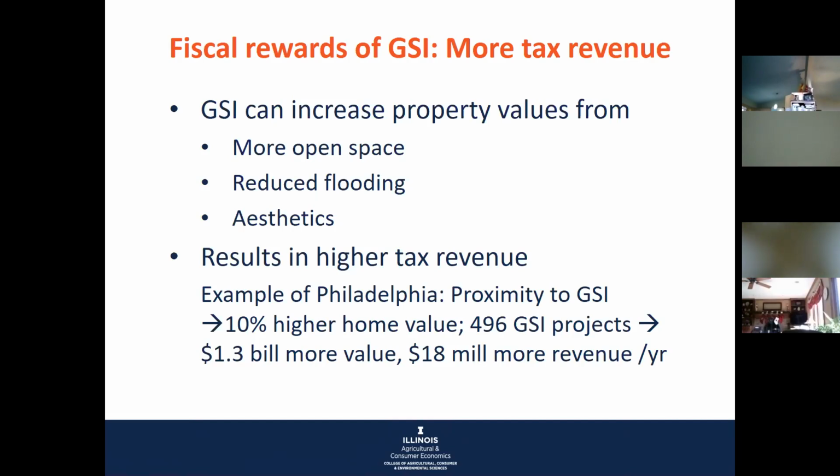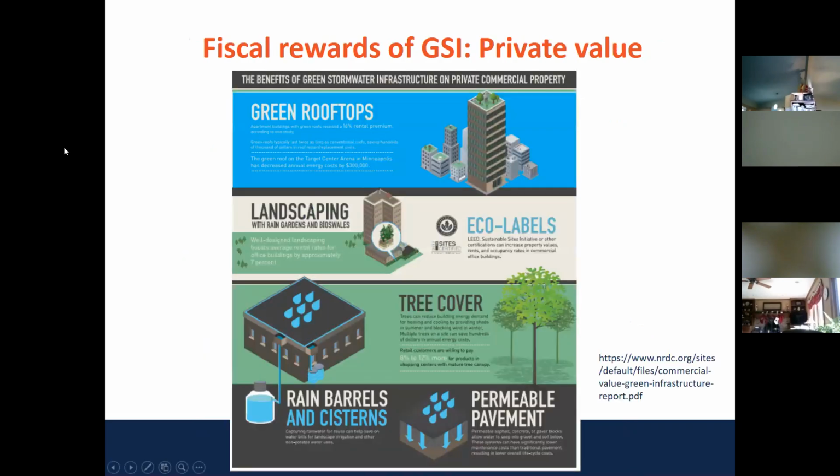If you took into account the 500 green stormwater infrastructure projects that they had seen implemented, that was yielding $1.3 billion more value in homes, which led to $18 million more in tax revenue every year. So I know my community could benefit from higher tax revenue.